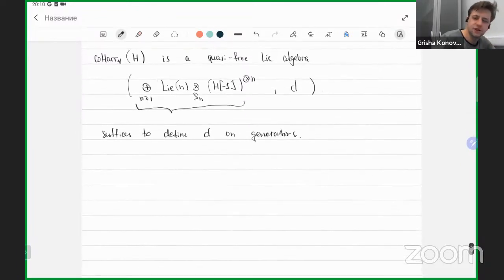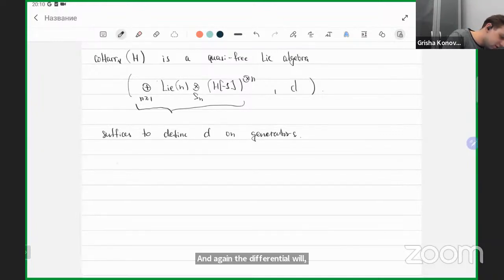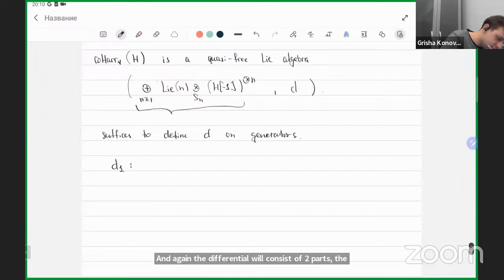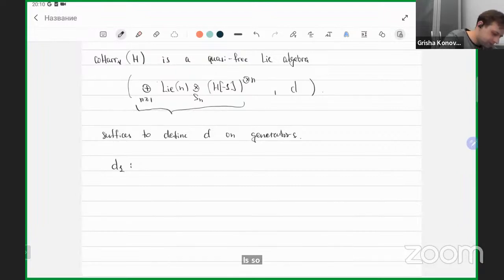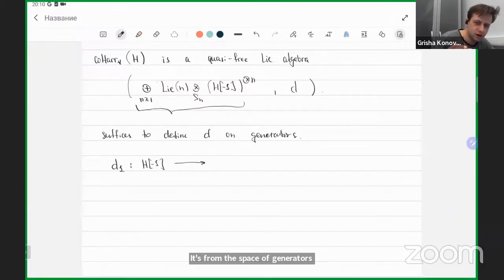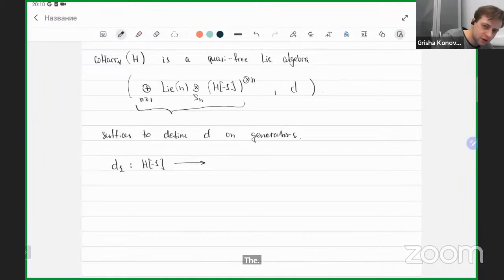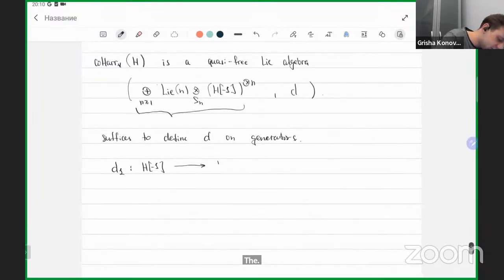And again, the differential will consist of two parts. The first one is from the space of generators to the first part of the free Lie algebra.